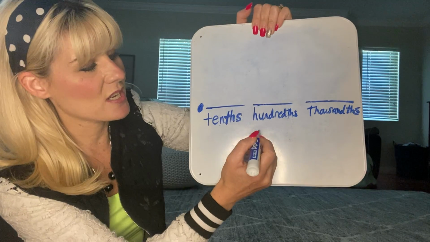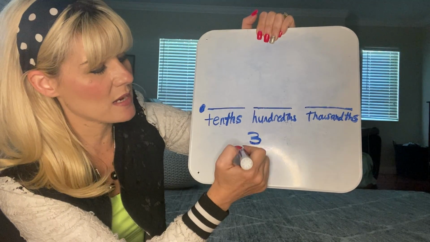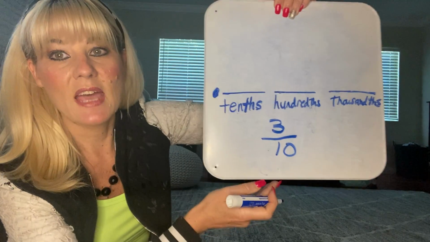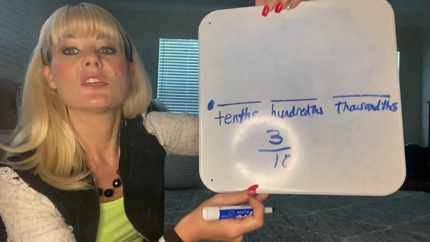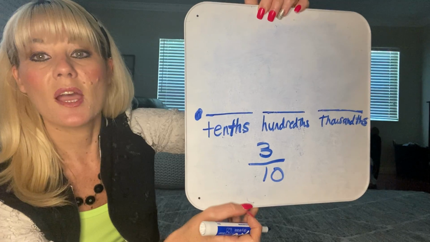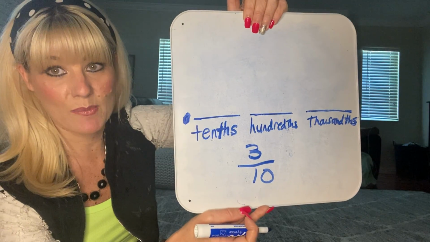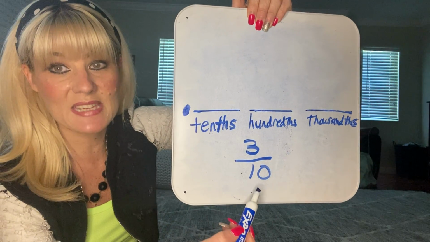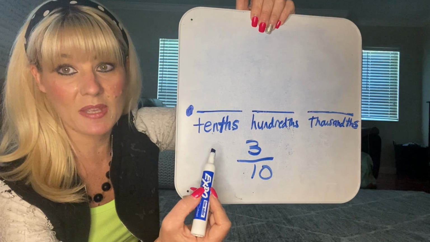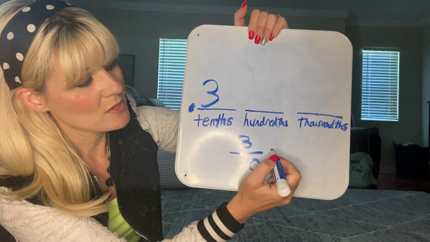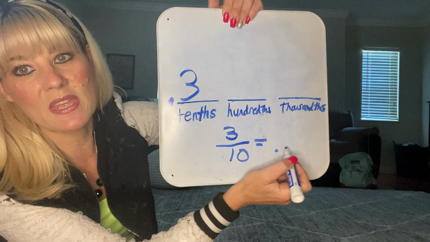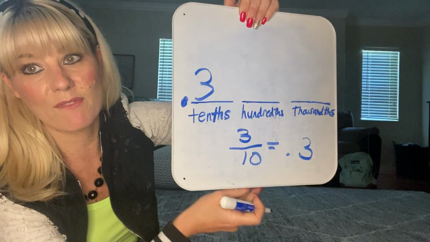If you see a fraction that looks like this, 3 over 10, that means there are 10 things and you only have 3 out of those 10 things. So that's 3 tenths. How am I gonna write that as a decimal? Since it's out of tenths, I've gotta go to the tenths place. The tenths place is first, so I'm gonna do 0.3. So 3 tenths looks the same thing as 0.3, everybody.